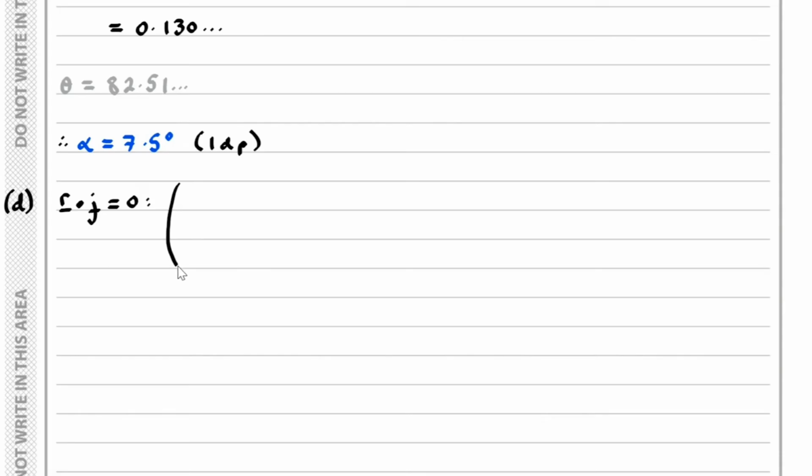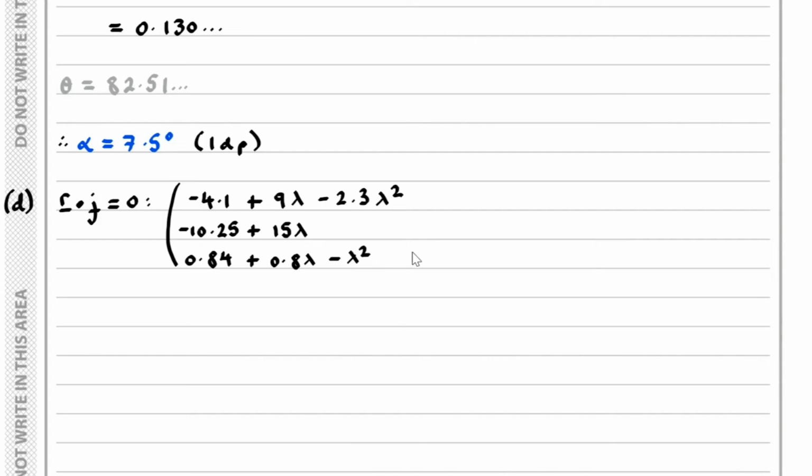So we've got minus 4.1 plus 9 lambda minus 2.3 lambda squared. Then we've got minus 10.25 plus 15 lambda. And then we have 0.84 plus 0.8 lambda minus lambda squared.